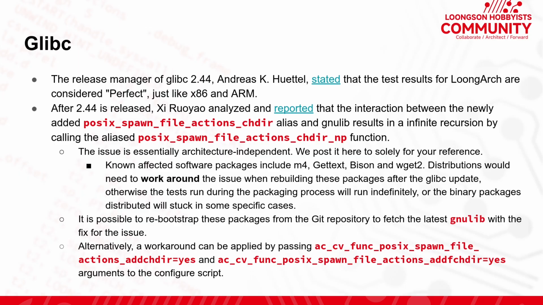After 2.44 was released, I found the test suite of some GNU programs failed to complete, and the investigation shows that the problem is an interaction between the newly added posix_spawn_file_actions_addchdir alias and the Gnulib logic to probe if this function exists.